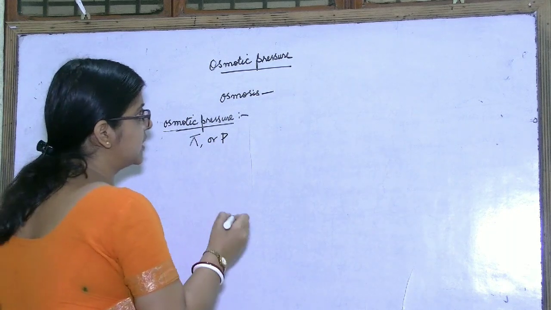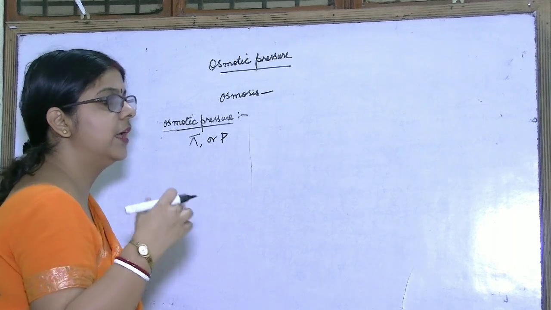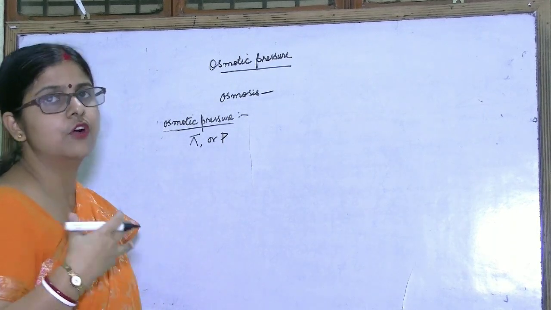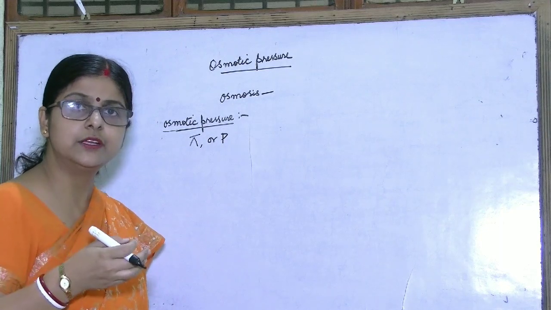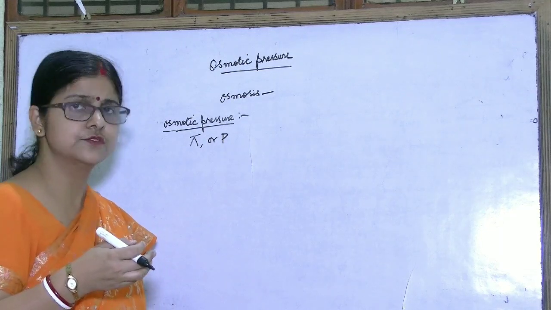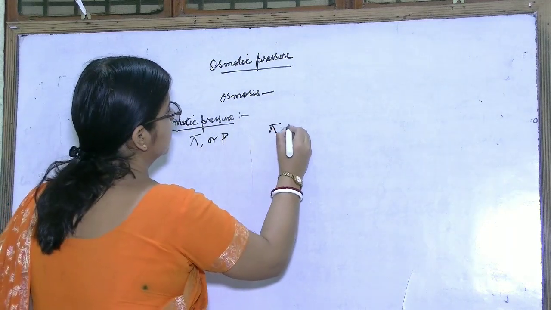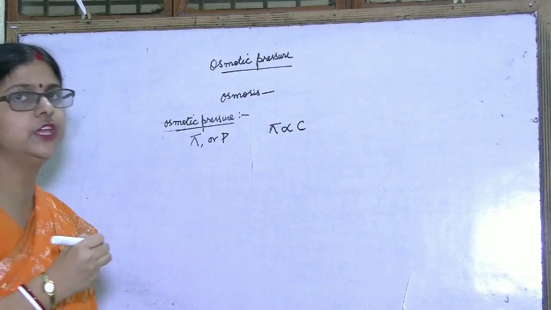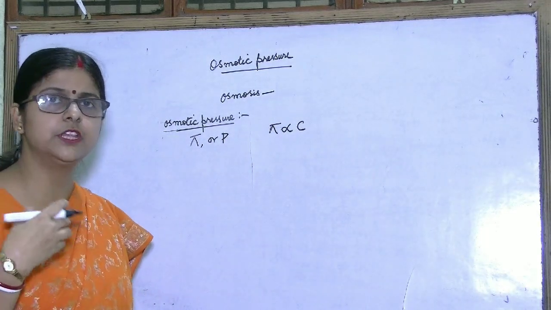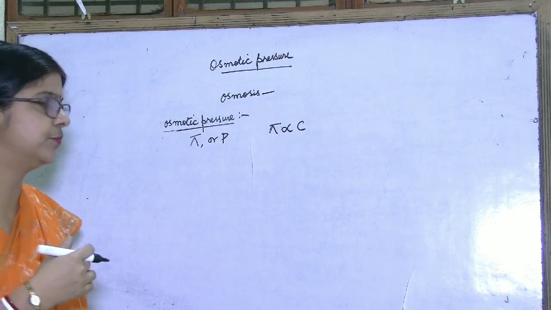I told you that osmotic pressure is also a colligative property. Colligative property means it depends upon the number of particles of the solute in the solution. So osmotic pressure is directly proportional to the concentration of the solution. More the concentration, more the osmotic pressure.